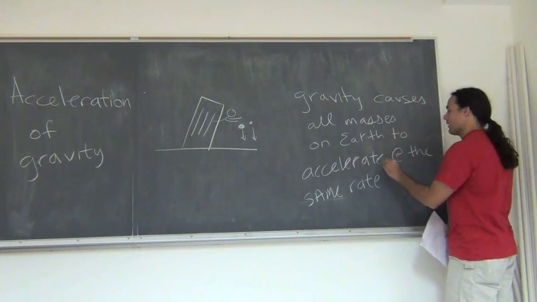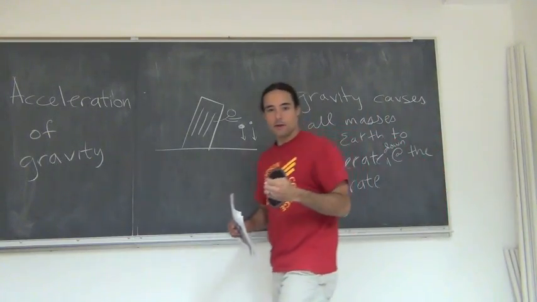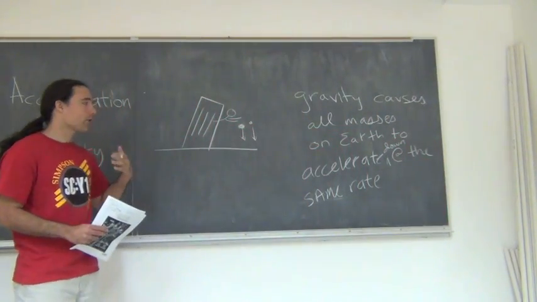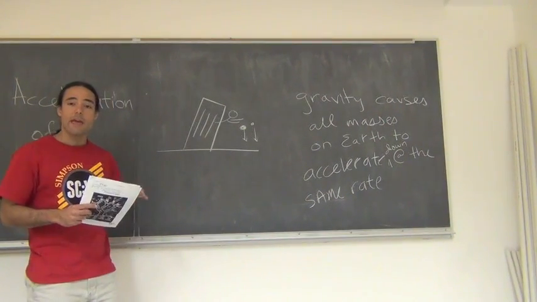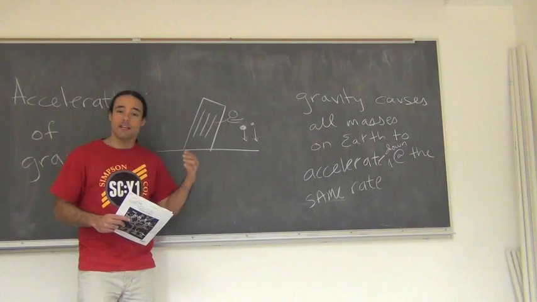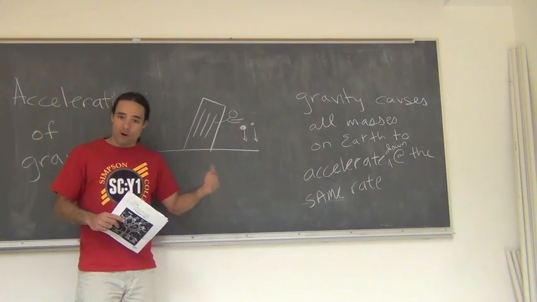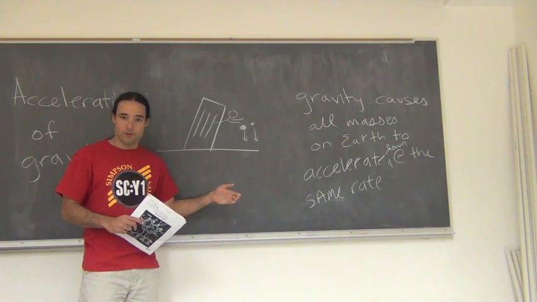I should say, to accelerate down toward the Earth at the same rate. Gravity causes all masses on Earth to accelerate down at the same rate. Now there's an important assumption being made here, and that assumption is that friction is negligible. So gravity will pull masses down to the Earth at the same rate, provided friction is negligible.